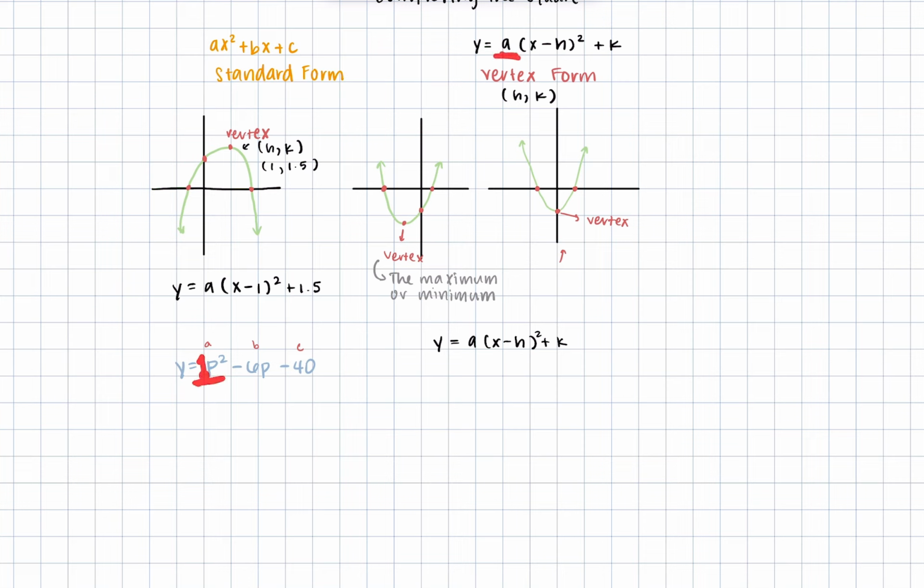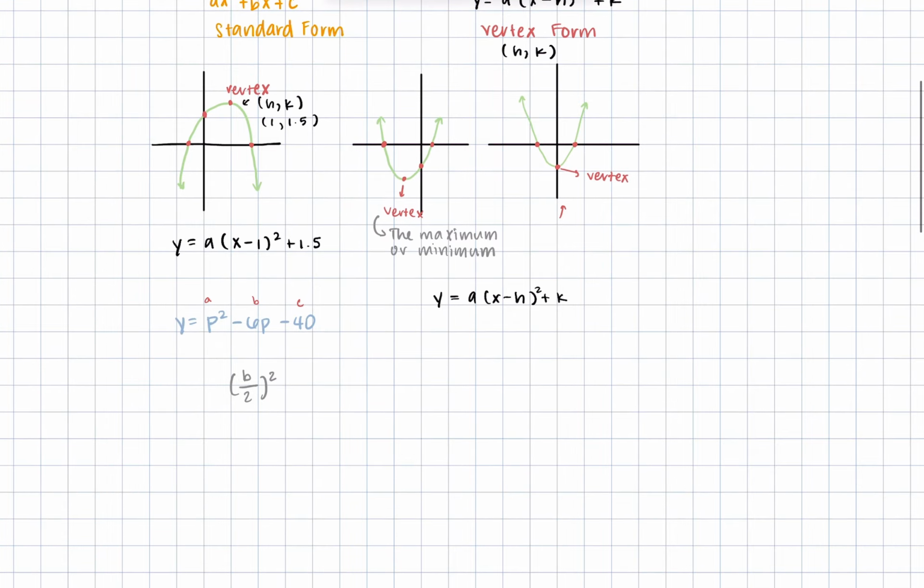So what do we do? The first thing you're going to do is use this simple formula: b over 2, whole squared. This is going to give you one number that is going to help you convert from standard to vertex.